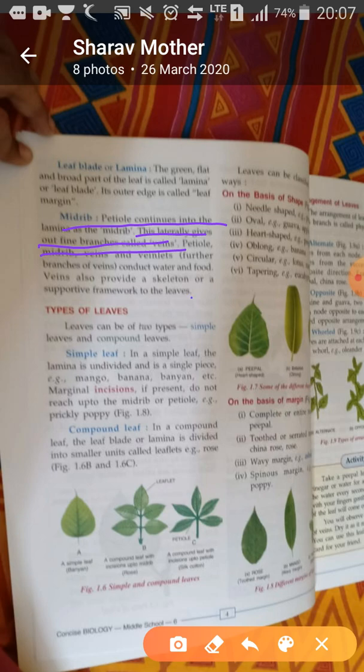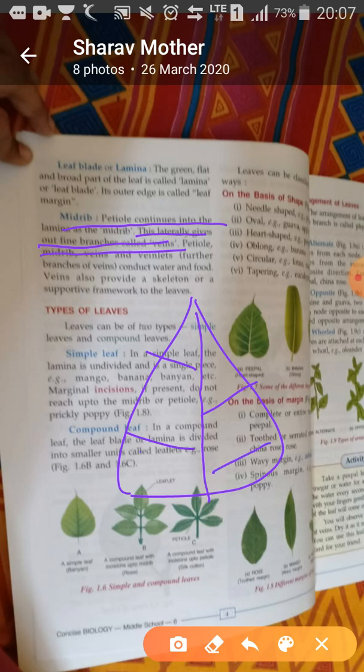Now what is the meaning of this? If this is the leaf, this is the midrib, and it gives out fine lines like this. These fine lines are what you call veins. These lines can further give out even more small branches like this, which I'm drawing right now.